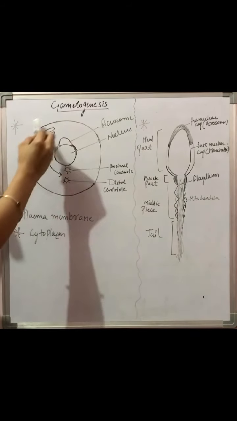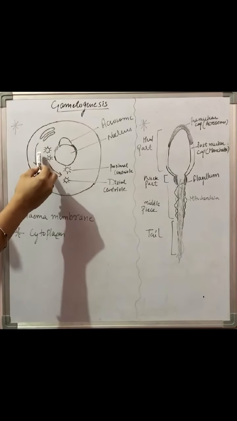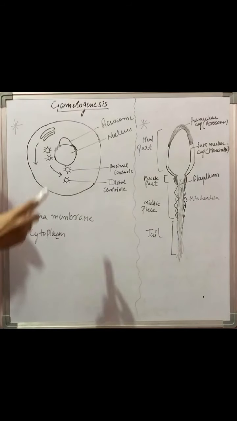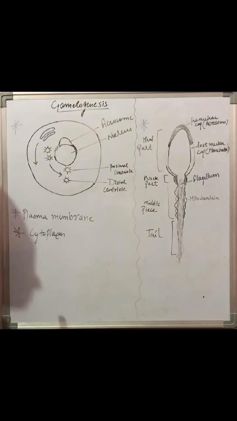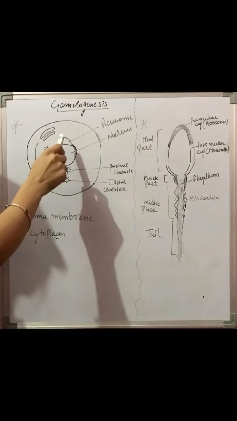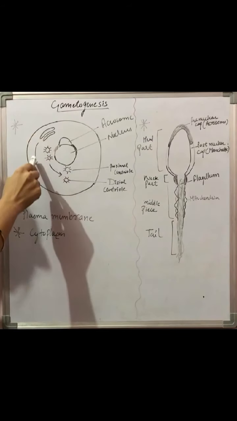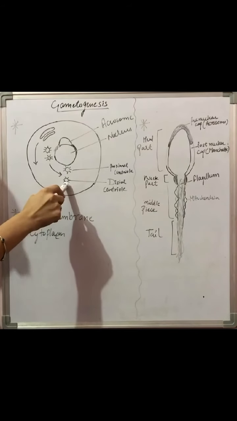This is the cytoplasm in which all the morphological changes take place. This is the Golgi apparatus and these are the centrioles. Now the Golgi apparatus has done its work: it has released those proacrosomal vesicles which made this acrosome. Now there is no work for the Golgi apparatus, so it will move to the posterior end of the cytoplasm.